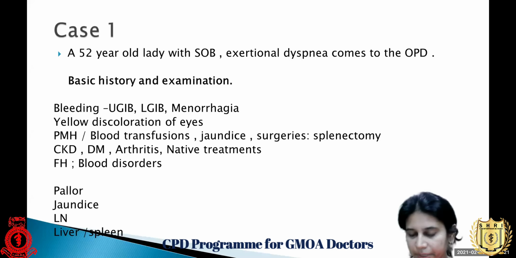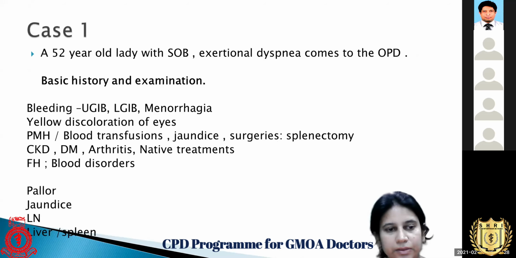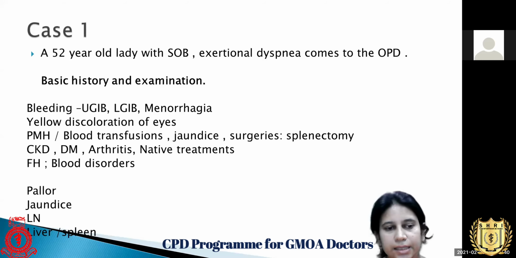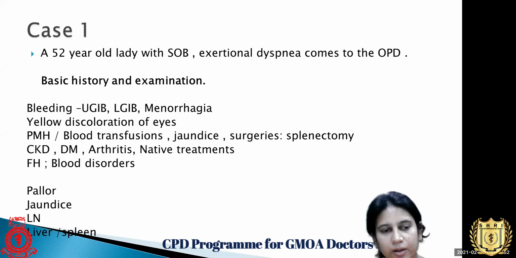If you see a patient with pallor, upper GI, lower GI, and in females menorrhagia, any icterus or yellow discoloration, past history of blood transfusion, jaundice, surgeries, splenectomy, or gut surgeries. And of course, you have to ask about chronic diseases like CKD, diabetes, arthritis, any native treatments, and family history, past history of blood disorders. And the basic examination that I wanted to highlight is pallor, jaundice, lymph nodes, and liver and spleen.